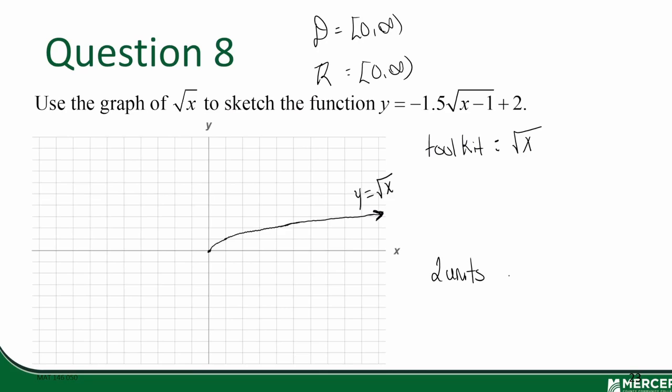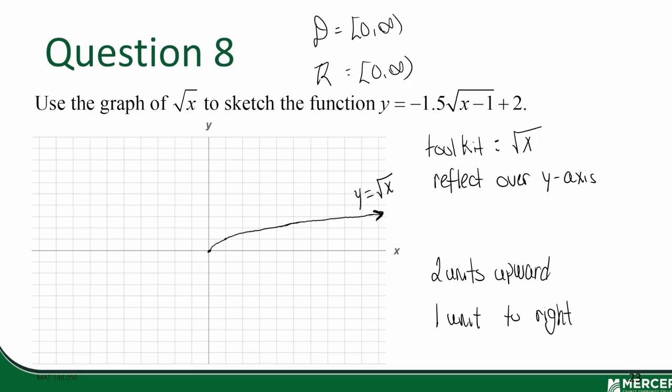To the right. Reflect over one. And then vertical stretch. There's 1.5 and 1.5 is a half, like last number. So you're just adding one.